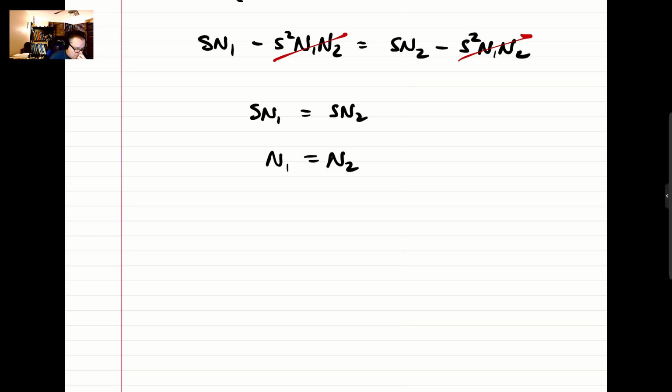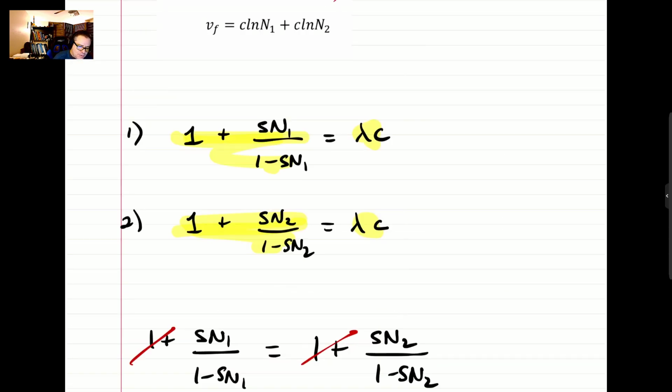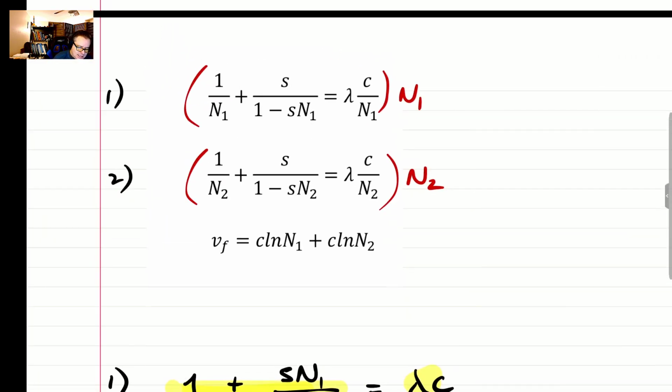But once we have n1 and n2 equal, you can go back to the third equation in that system and say n1 and n2 are just equal to some common value that we call n, and now we can solve for that.